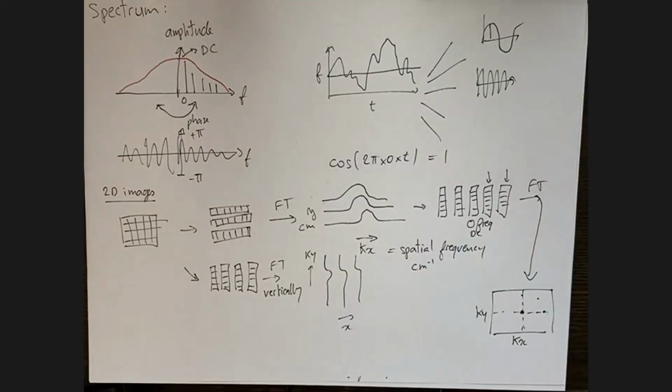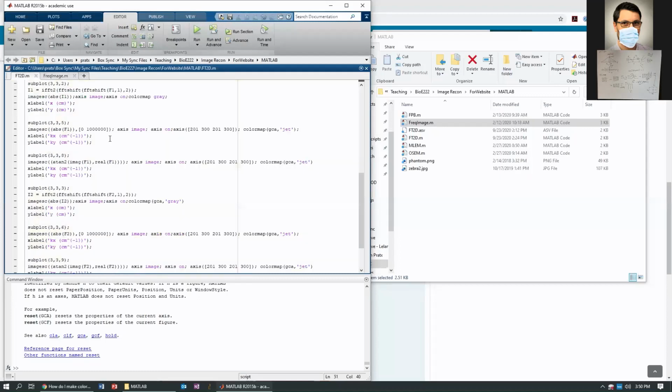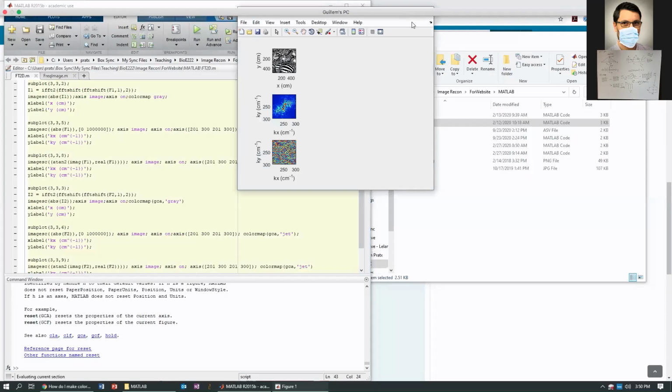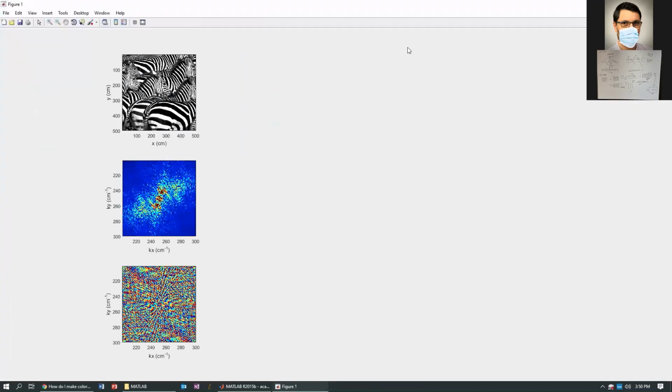There you go. Now I'll show some examples of natural images and what we can understand from their spectra. So now I'm going to show examples of the frequency information content of real images. This is a script in MATLAB, and I will make that script available on the course webpage. We're looking at a picture of zebras, an image I downloaded from the internet and put into MATLAB.